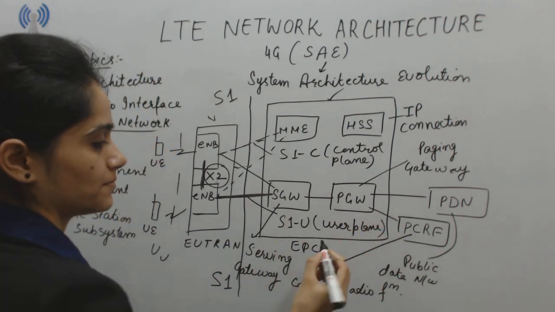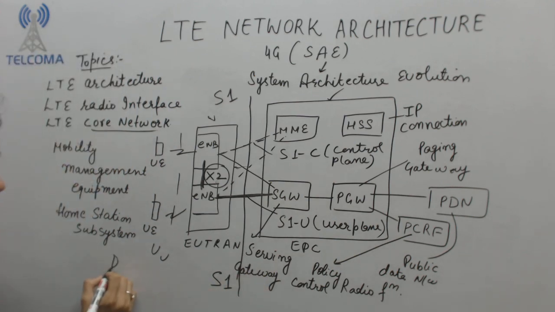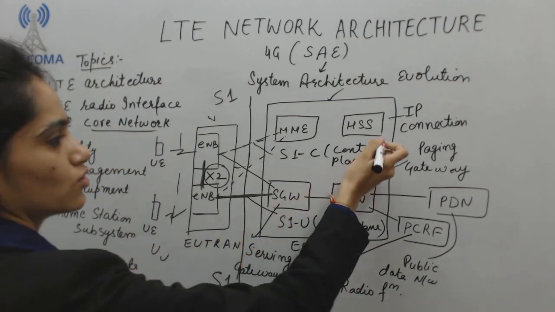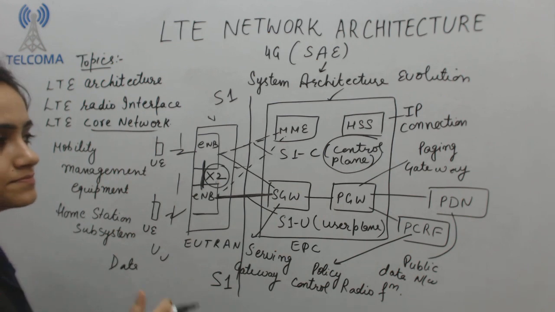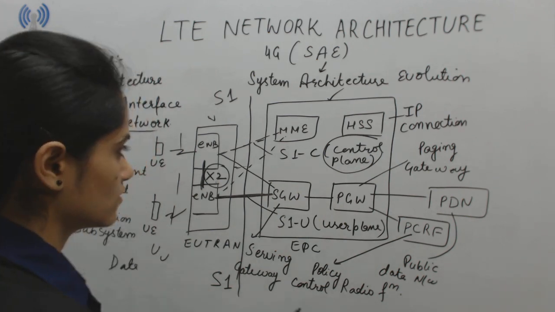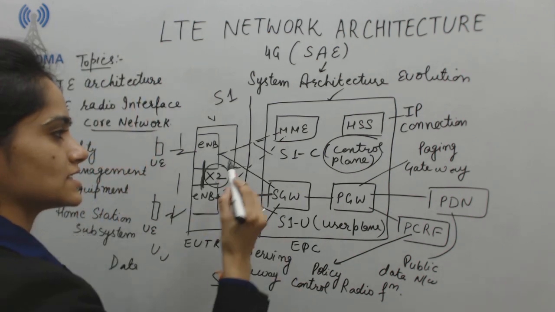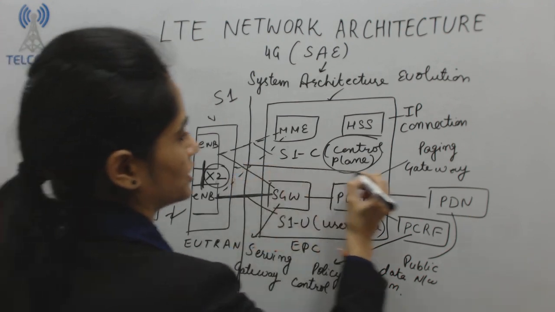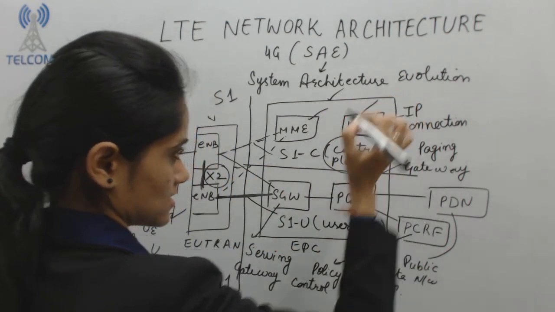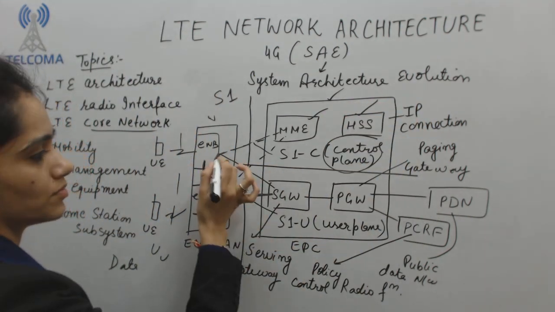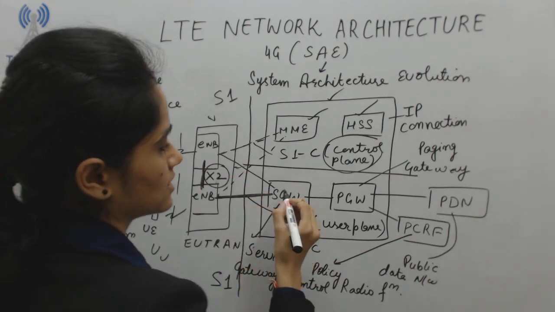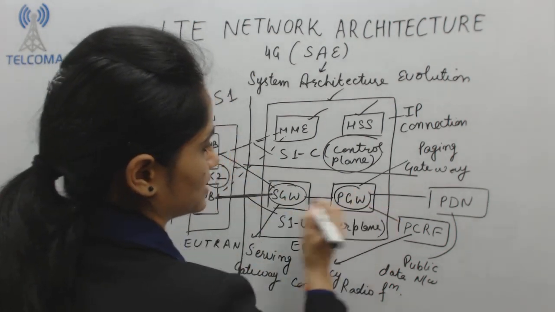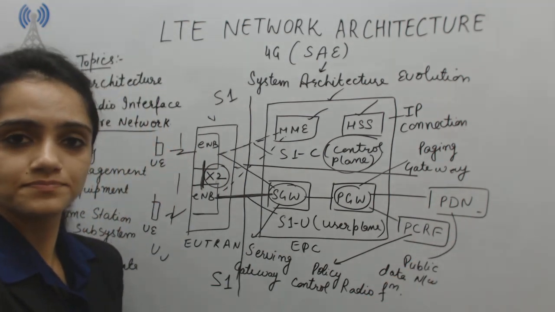User plane will represent data, whereas control plane will represent signaling. So every E-node B for signaling purpose has to contact MME and HSS, and every E-node B for data has to contact serving gateway, and paging gateway through to PDN.